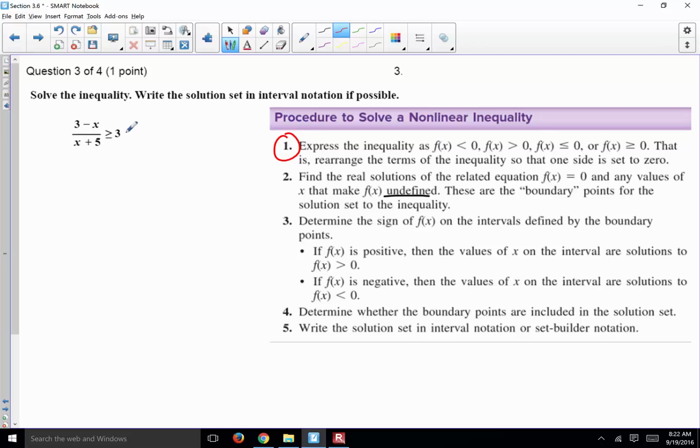So how can I remove this 3? Subtract 3 on both sides. Yep, we subtract 3 from left and from right. So it is minus 3 on the left now.